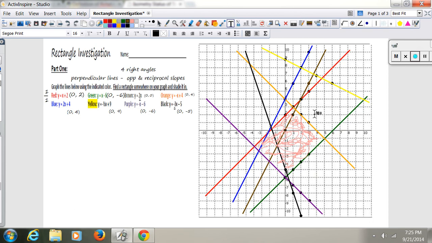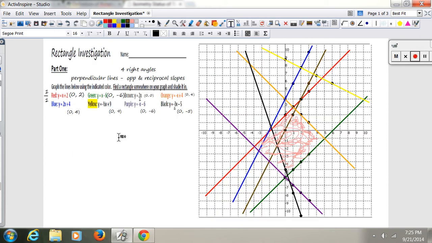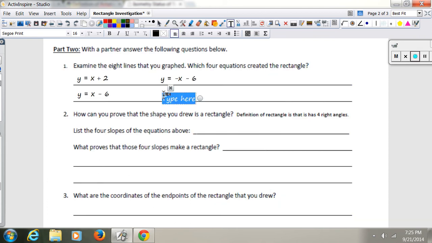And then we move back to this side, and we're going to look at red. No, we did red already. We're going to look at purple. Purple, y equals negative x minus 6. That was purple. And then the last one would be orange, and that was y equals negative x plus 4.